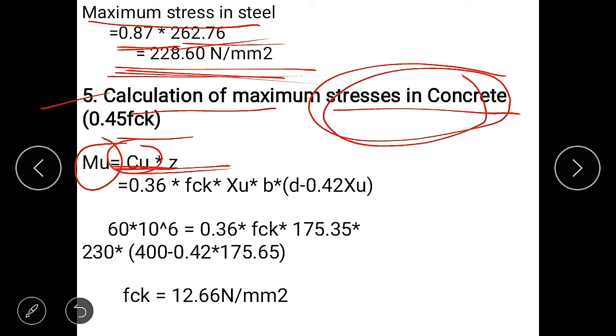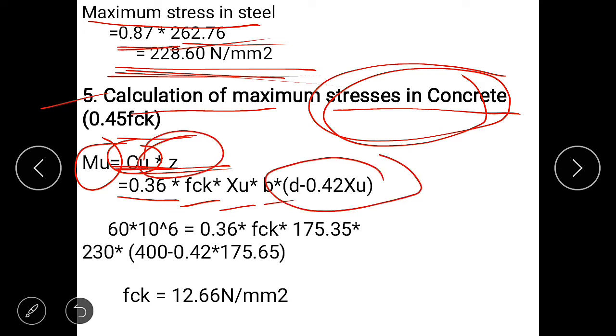The Cu value is 0.36 fck Xu into b, and the value of z is d minus 0.42 Xu. The Mu value is already given, the moment is 60 into 10 to the power 6 Newton mm. After that Cu is 0.36 fck, and the value of Xu is 175.35, b is 230.